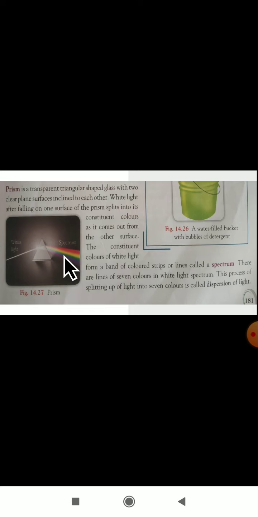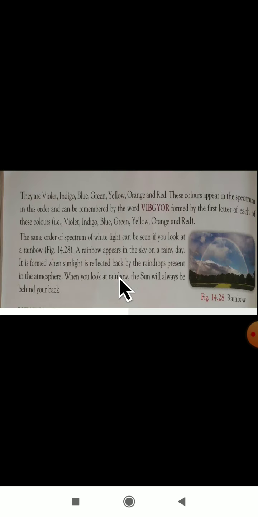I hope you understand this very important topic of the prism properly. Now see the names of the colors. How many colors? 7 colors. Let us see them one by one: violet, indigo, blue, green, yellow, orange and red. These colors appear in the spectrum in this order and can be remembered by the word VIBGYOR.